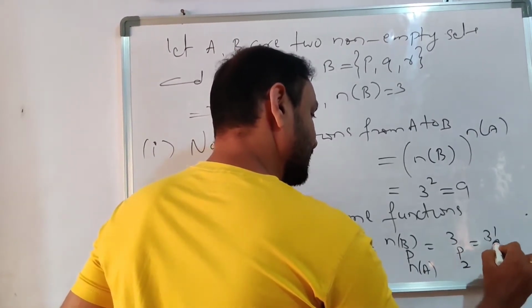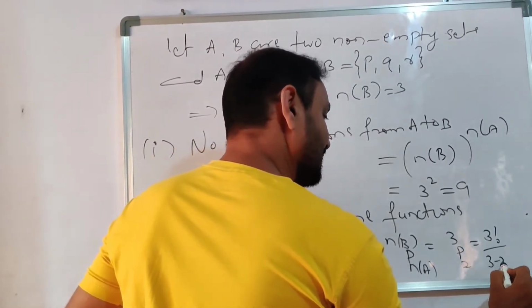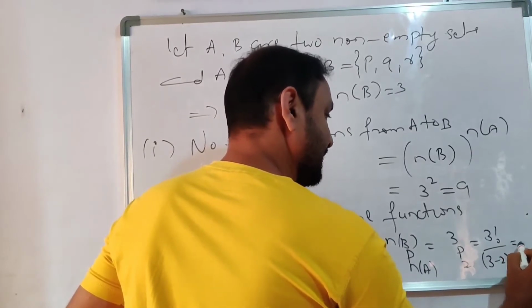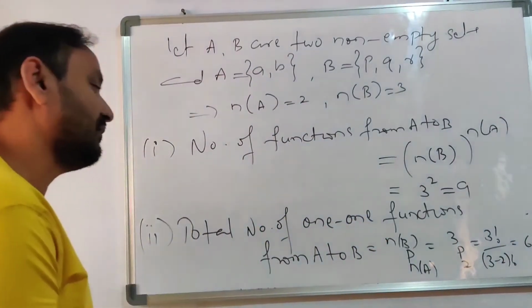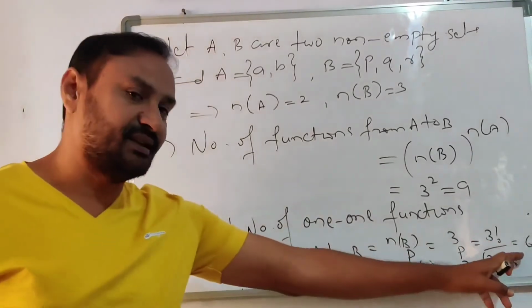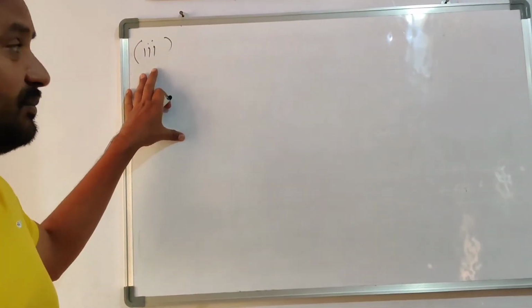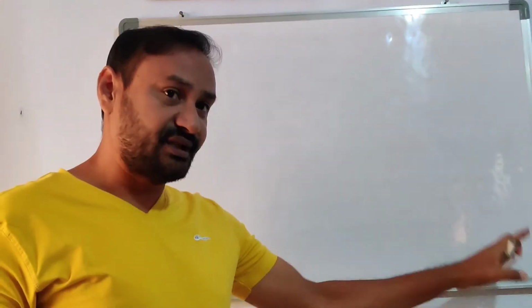This is 3 factorial by (3 minus 2) factorial, which is 6. So the total number of one-one functions is equal to 6.